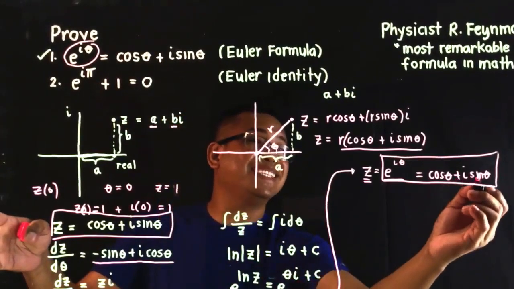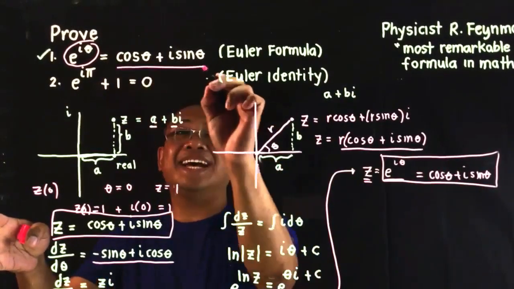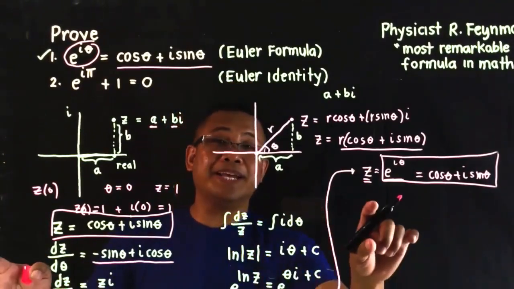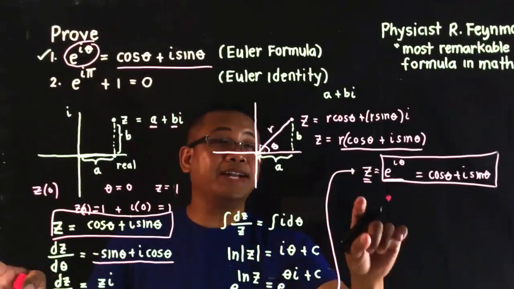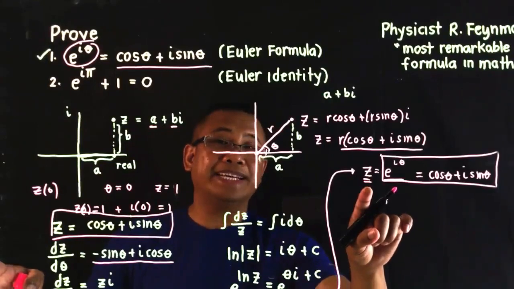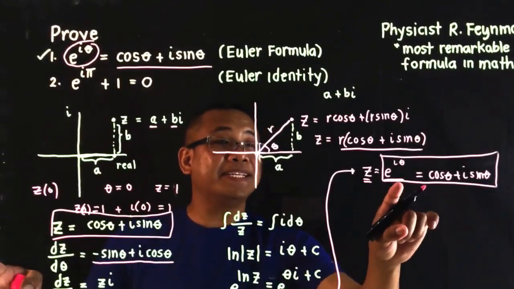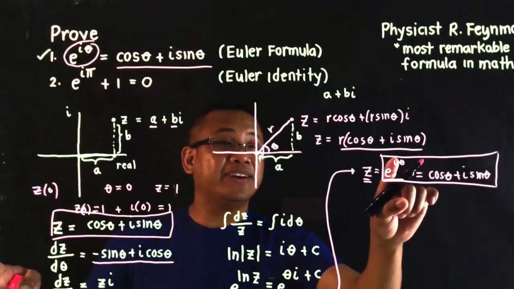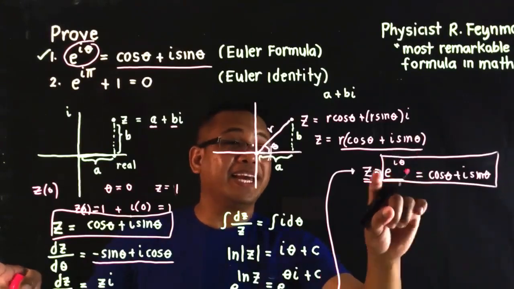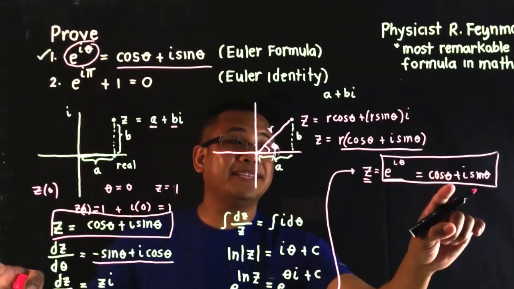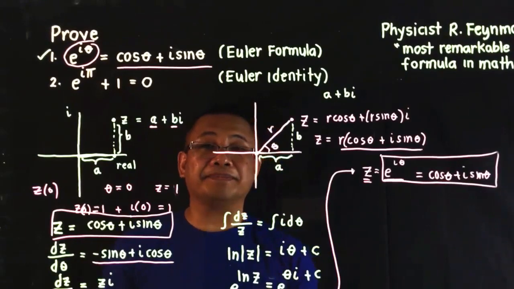Cosine theta plus i sine theta is this right side. So at this point, we have just proven that any point on the complex polar plane, z, can be represented as e raised to i theta, and that is also equal to cosine theta plus i sine theta.